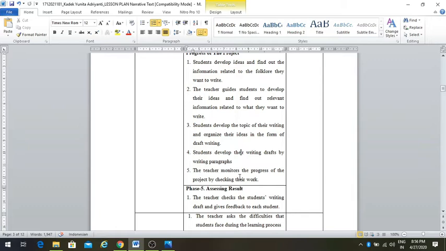At this stage, the teacher can guide them by explaining how to make a good paragraph and how to arrange sentences in a certain order of series. So after the feedback, finally they can develop their writing draft by writing the final paragraphs of the story.